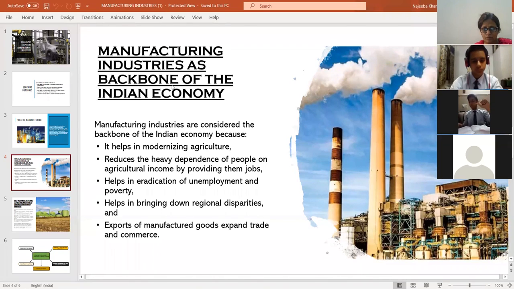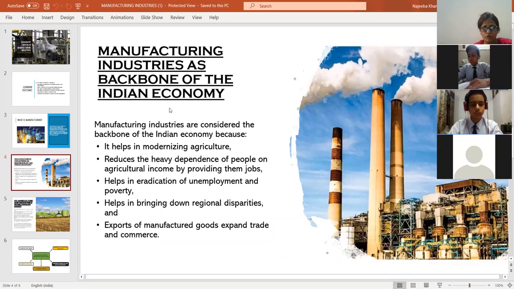Manufacturing industries play a very major role in our economy. They are called the backbone of the Indian economy. Okay, this is what we are understanding here, point wise, right?